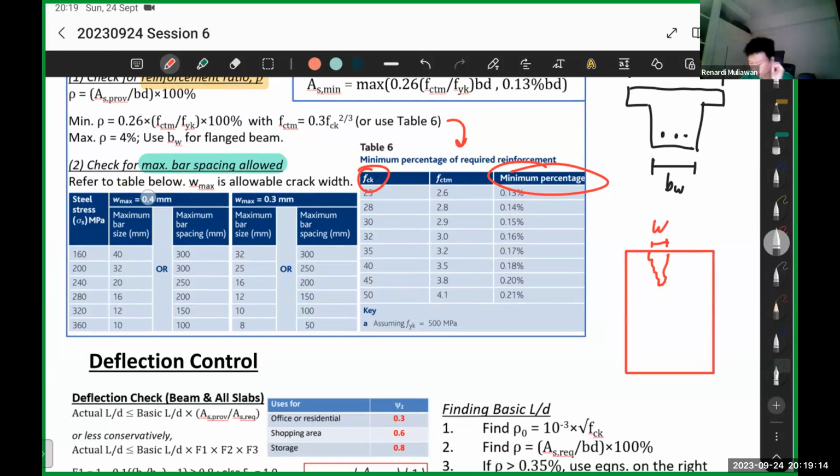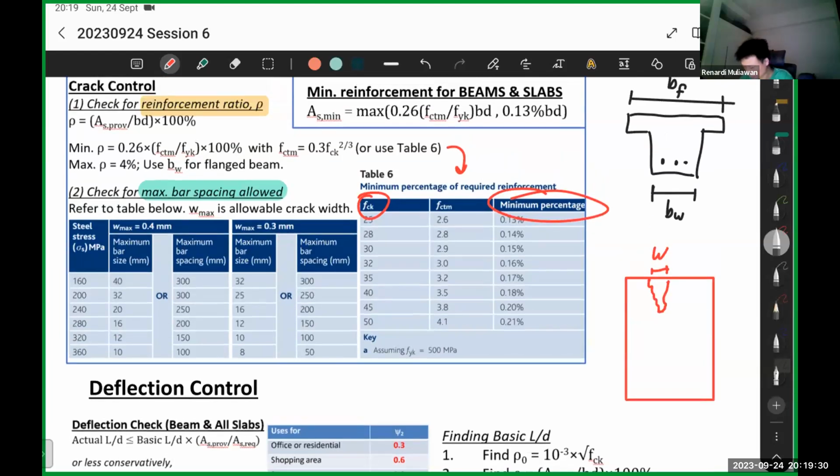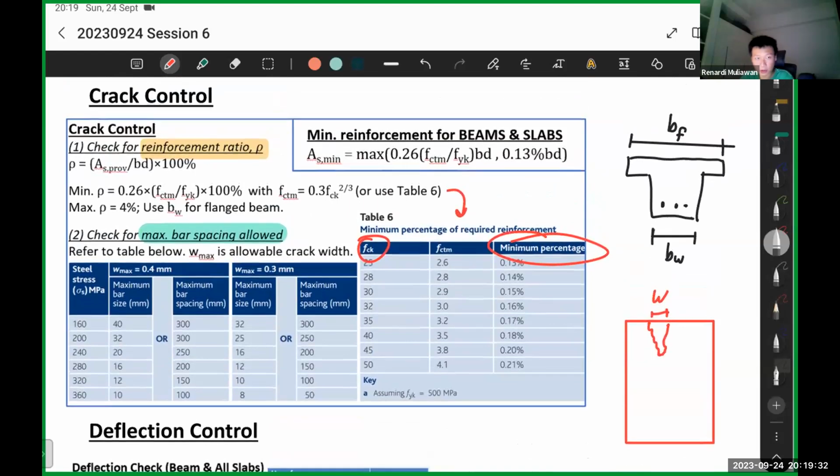For 0.4, you can either limit the maximum bar size, so basically you limit the size of the bar, or you can limit the spacing, the maximum bar spacing. Again, it's pretty straightforward, you just refer to the table. So that's for crack control. There's nothing much to explain because these are inside Eurocode 2, and you just need to follow.